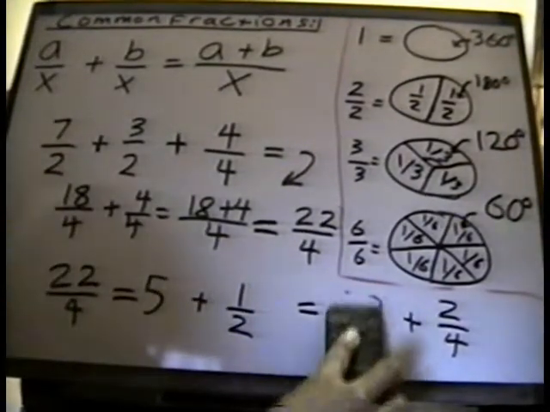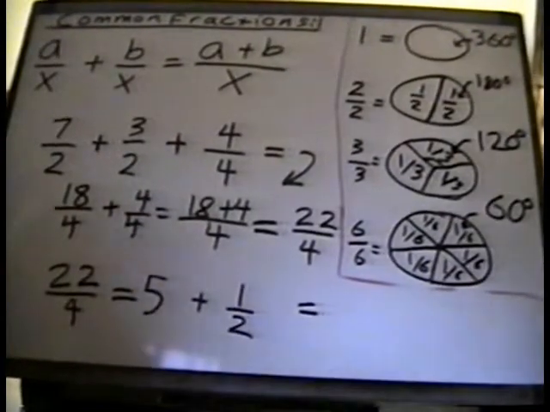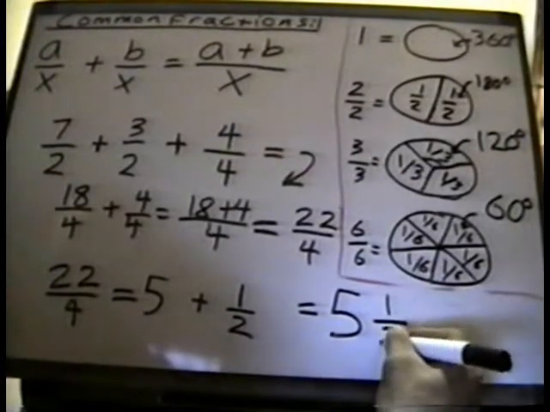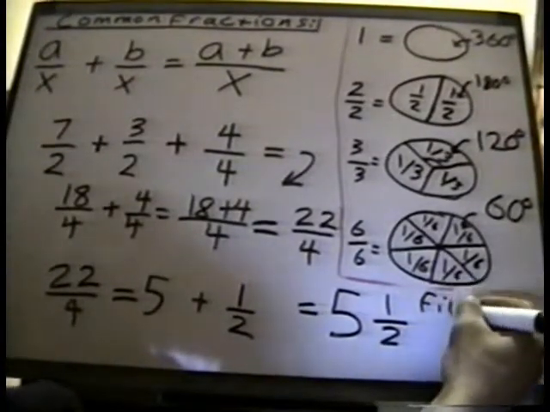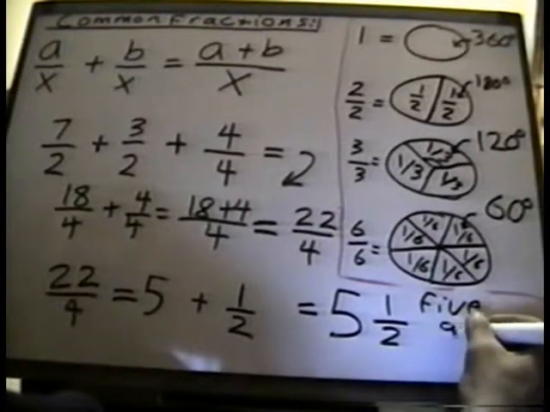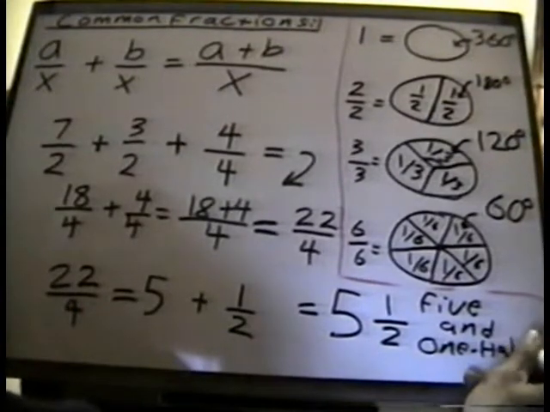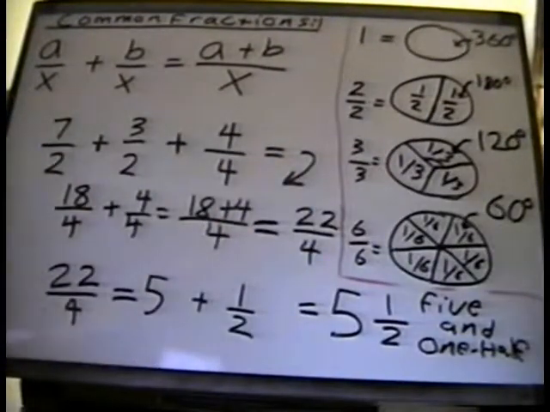Okay, 5 and 1/2. So that gives us 5 and 1/2. We are adding fractions, adding common fractions.